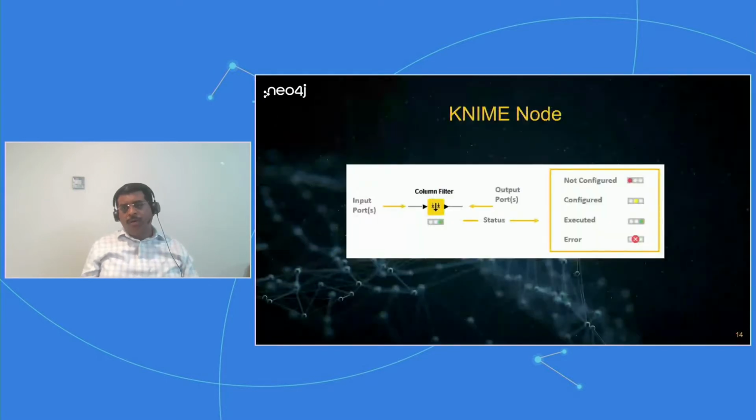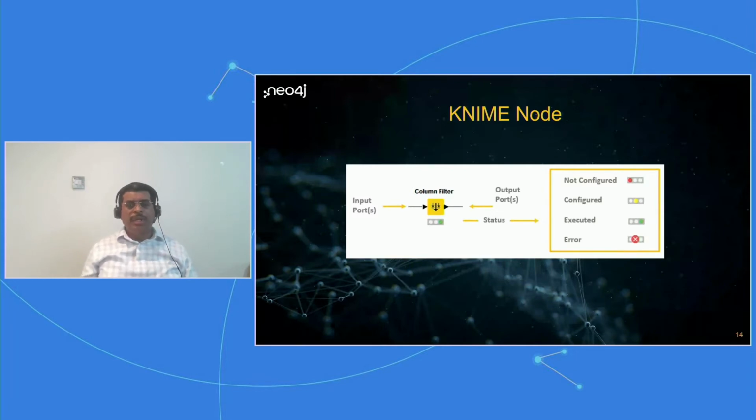The atomic component unit of KNIME is called a node. A node has an input, output, and an execution status indicator. Similar to traffic lights, these are provided as a visual indicator of success, failure, whether it's been configured or not configured, or executed successfully.